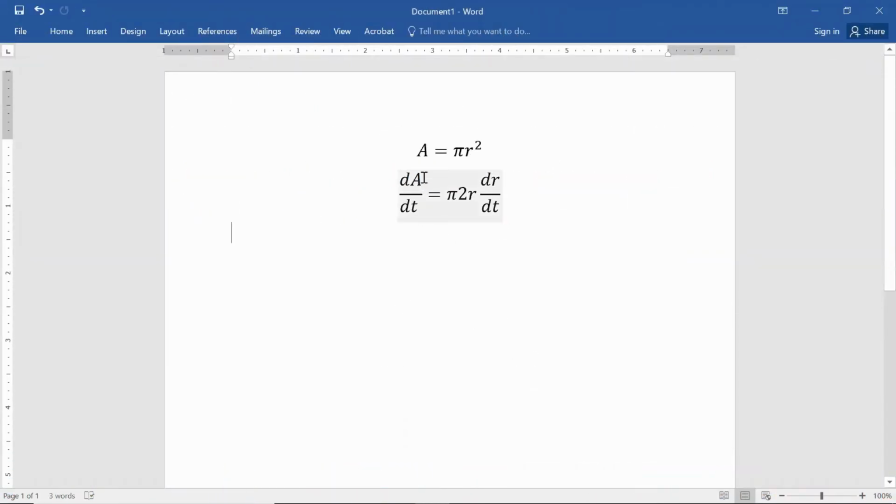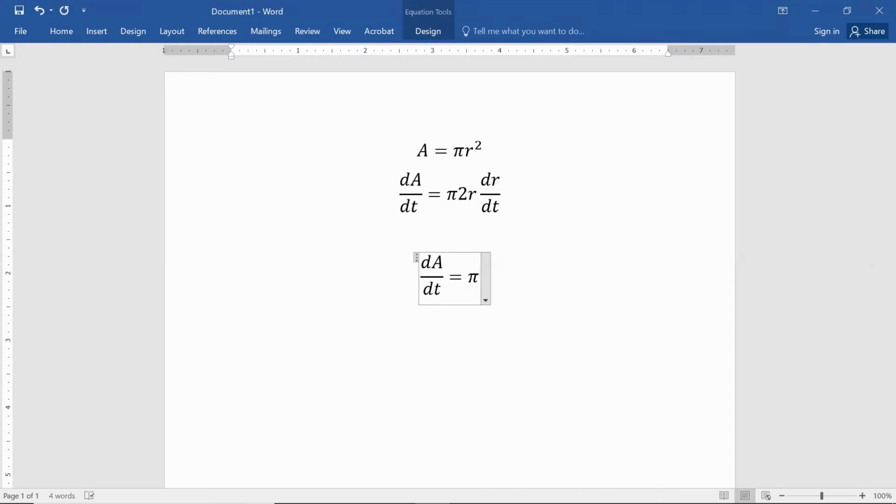So we want to find the rate of change. Now, remember, the rate of change is this derivative. The derivative of A with respect to t is the rate of change of the area with respect to time. So the rate of change is, in fact, dA over dt.